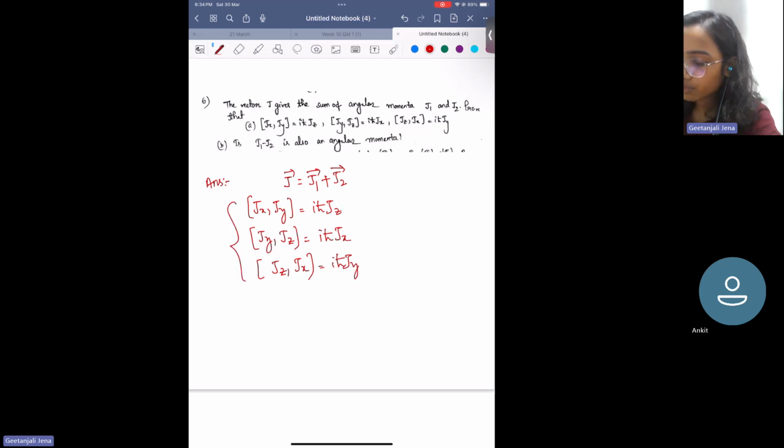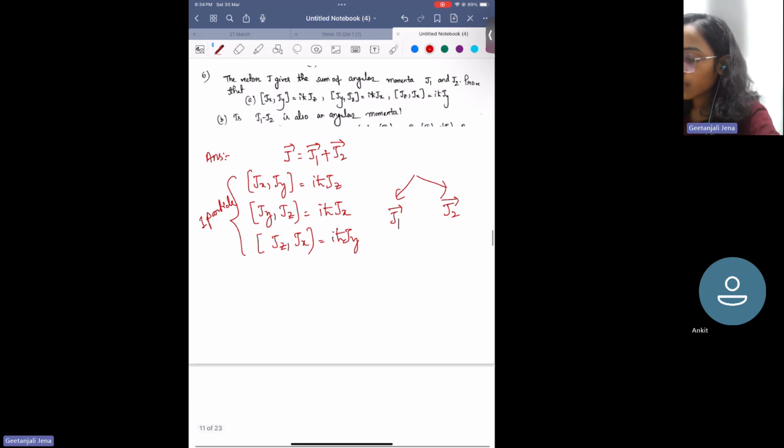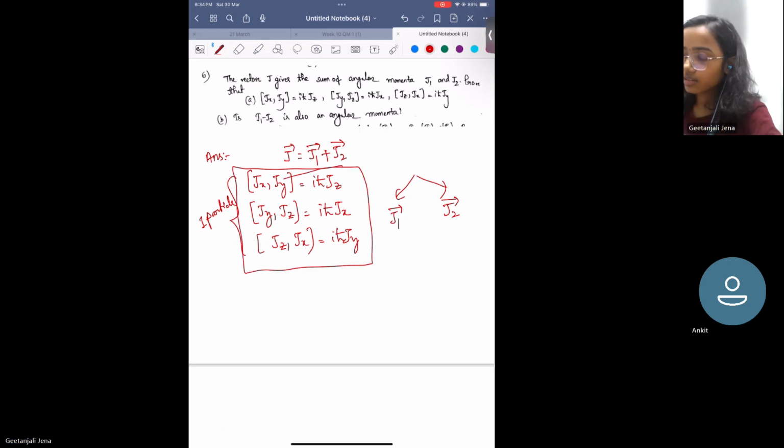So this is for one particle. Now if you have two particles, one having angular momentum J1 and the other J2, even in that two-particle system, this commutation relation is also valid.